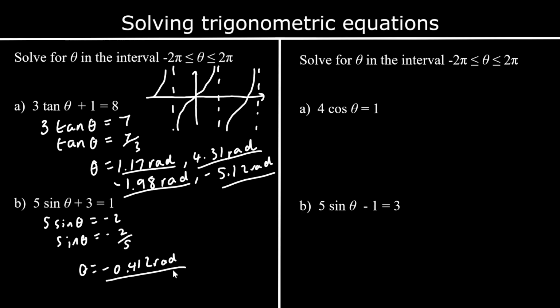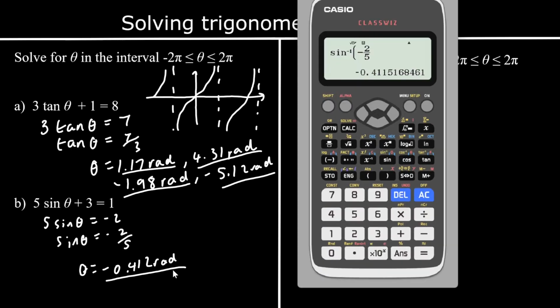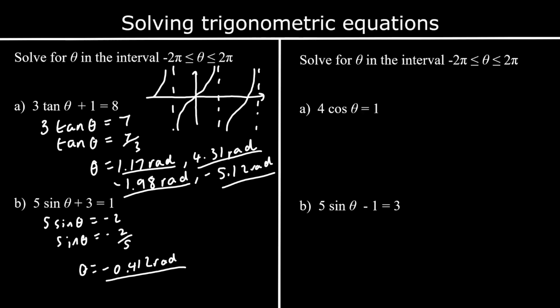That's my first answer. Save that as A. I can do pi minus that. Pi minus the first answer, which will give me a second answer of 3.55.